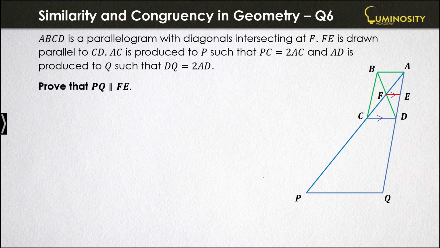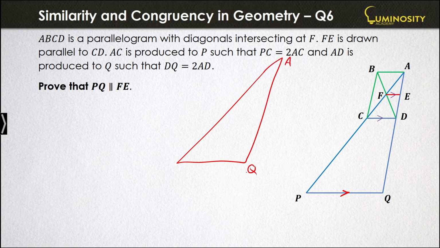Next, they want us to prove that PQ, this line here, is parallel to FE. Like I said earlier, it is interesting that we were given those proportions. So if I draw this larger triangle out here, AQP, then I have a line CD that is going parallel to another line FE here.